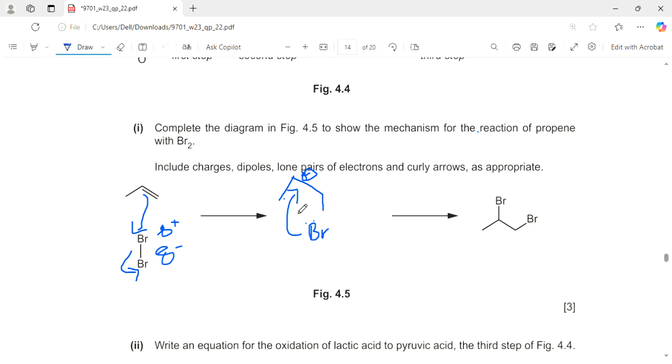So I think it's completed. Okay, so move to the next part.